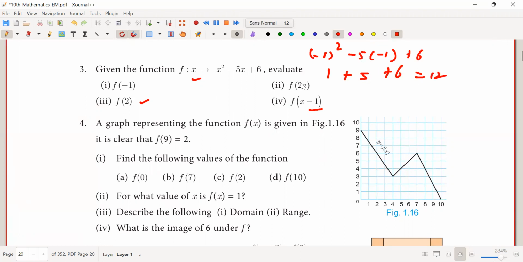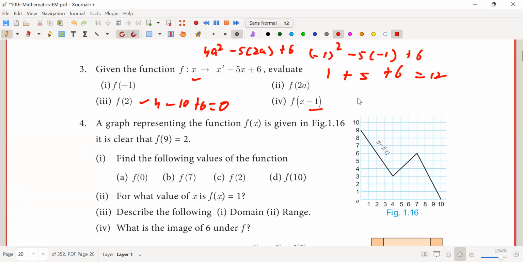If I substitute 2a here: 4a square minus 5 into 2a plus 6, so 4a square minus 10a plus 6. If I substitute 2: 4 minus 10 plus 6, which is 0.